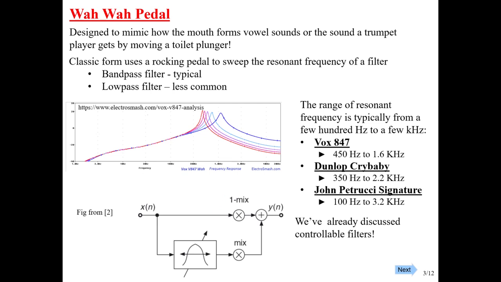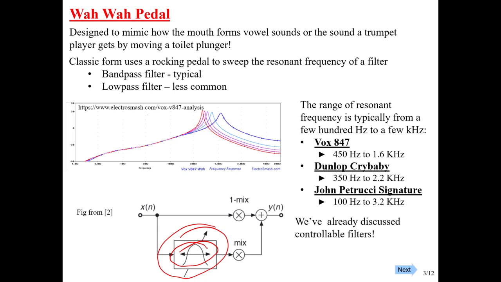So it just gives you an extra control. But the key control is this right here, a band pass filter that the resonant frequency can be adjusted by the position of a pedal. Now, there's also some indication here that you might be able to adjust the width or the Q. So it's probably more common to set the Q and let the bandwidth change as the center frequency is swept.